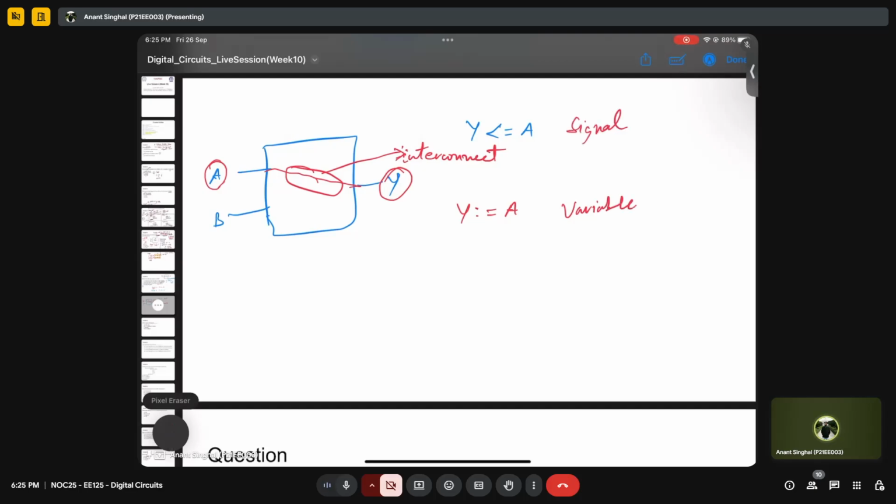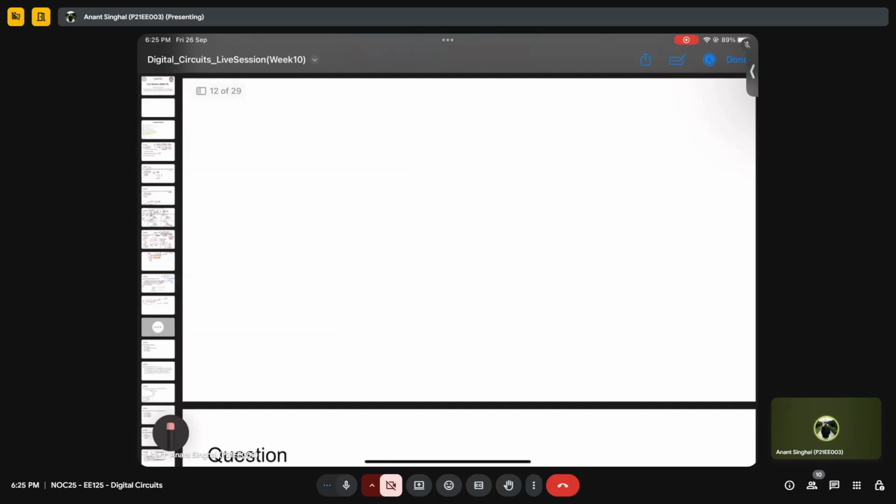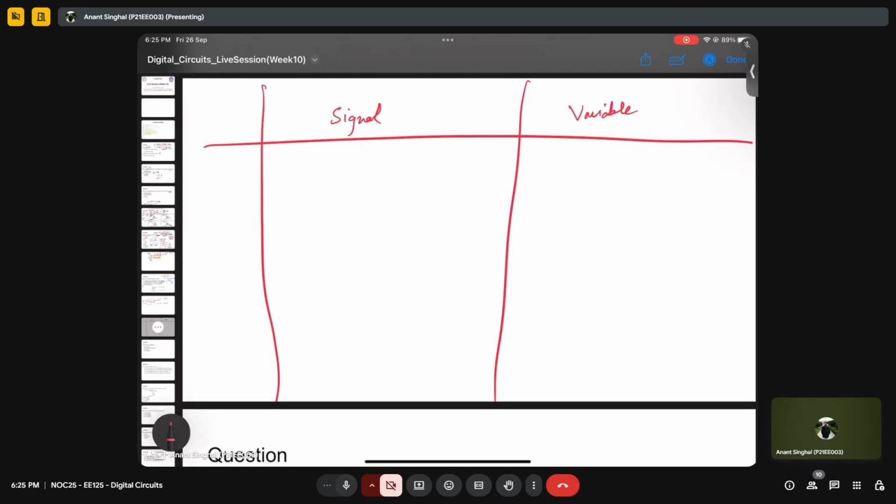If I try to make a quick comparison table out of it, these two can be differentiated based upon three major things: first, the assignment, as we have already seen how they are assigned; second, the utility; and third, the behavior.